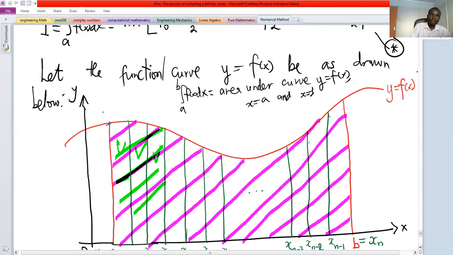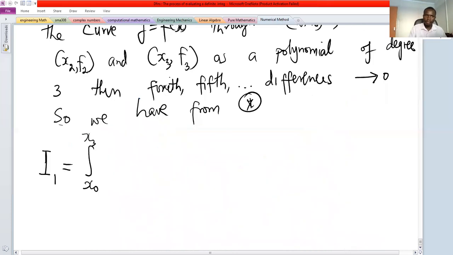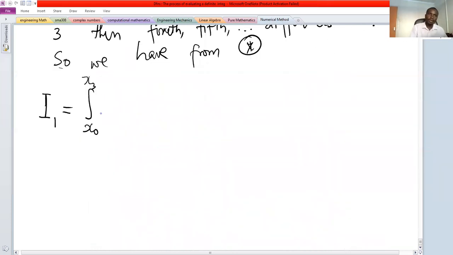So this is the point x0, f0, x1, f1. This is x2, f2, x3, f3. So this height is f0, this is f1, this is f2, and this is f3. So we'll have integral f of x dx equals, now n is 3, so n times h is 3h into f0.